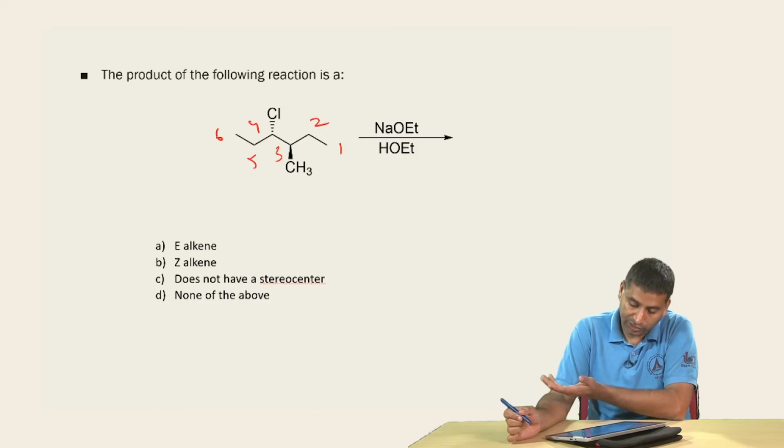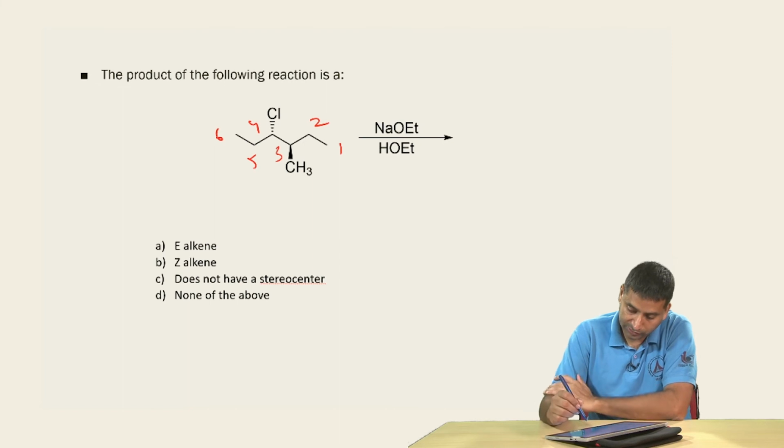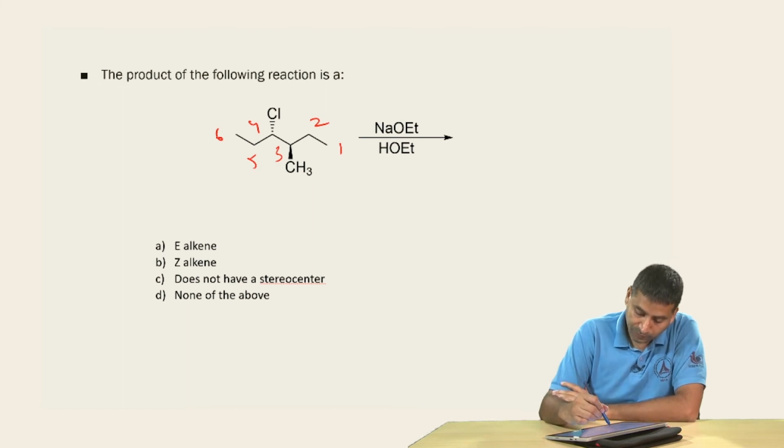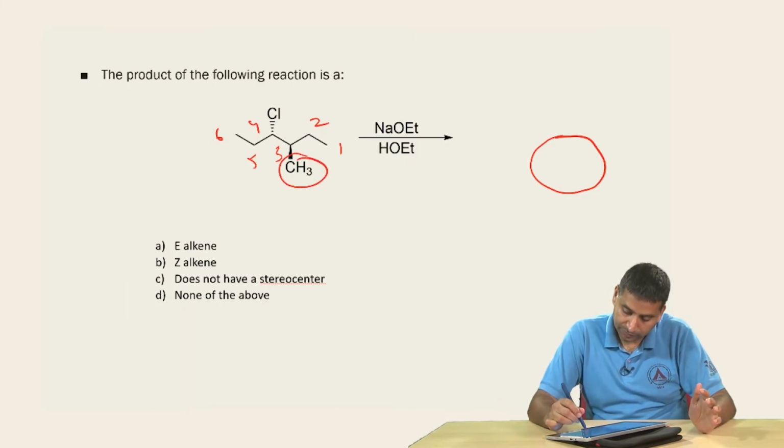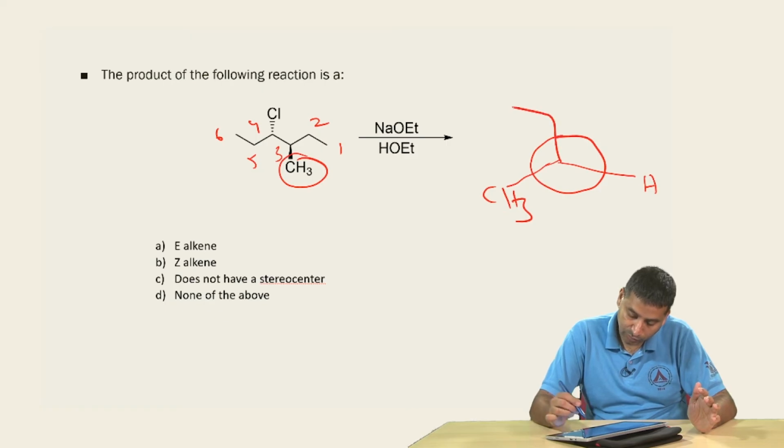And so, if it undergoes elimination, let me see if I can draw this in a suitable conformation. So, if I look through carbon 3 and carbon 4, then I will see the following geometry. So, this methyl group is going to be on the left. So, I am just going to draw it like this, and the hydrogen is going to be on the right, and this ethyl group is going to be here.